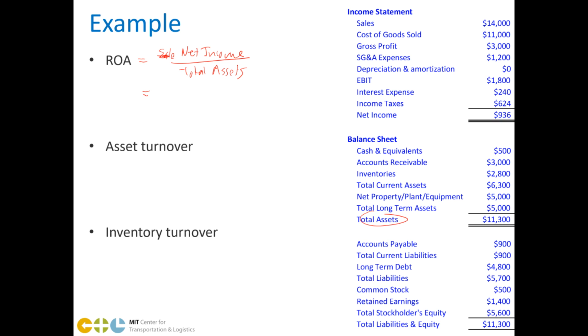So that would be equal to, we have our net income up here, 936 divided by 11,300. And if we do that calculation, pull out the calculator, if we round it off, we get 8.28%. So that's our return on assets for the firm.